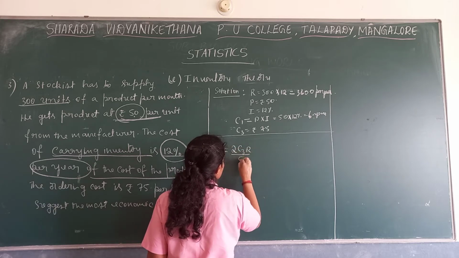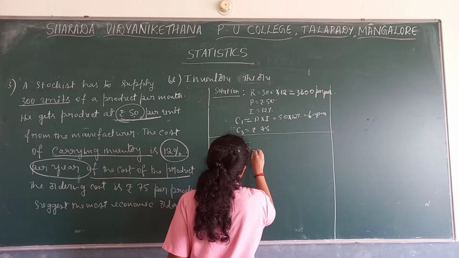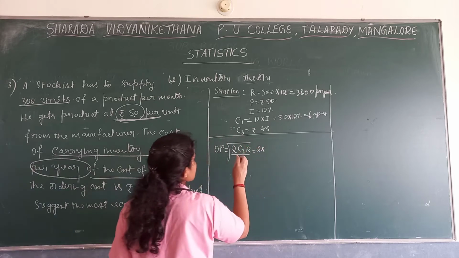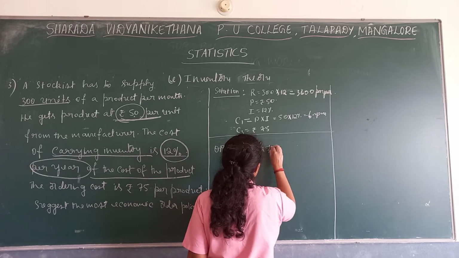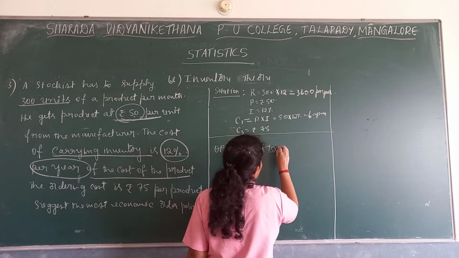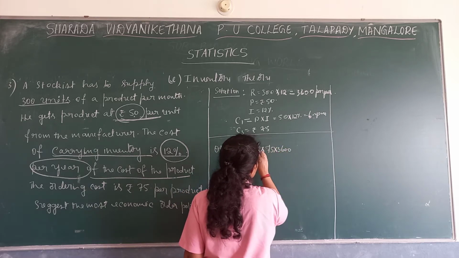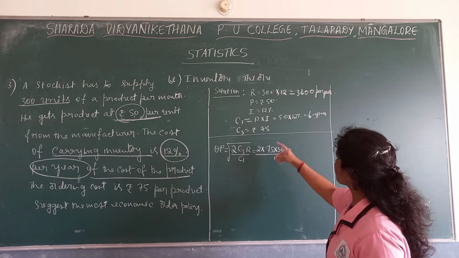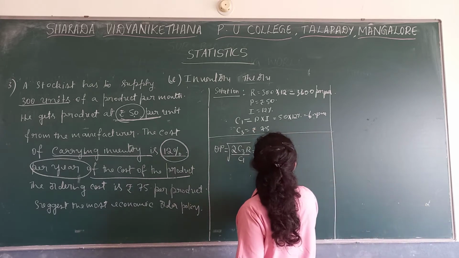Q0 is the square root of 2C3R divided by C1. Now 2 into C3, which is 75, into R, which is 3600, divided by C1, which is 6.